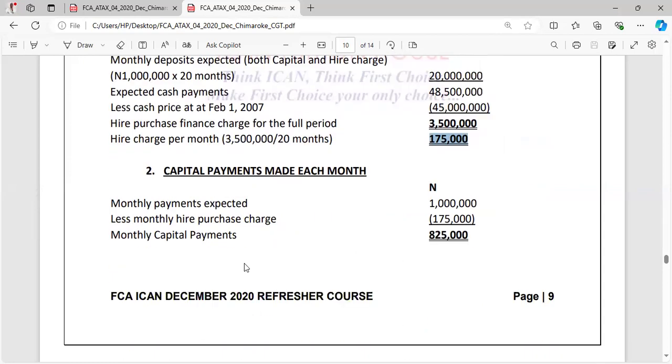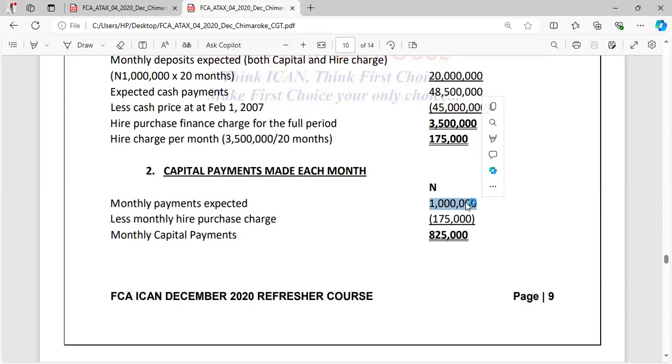Workings number two, we are calculating the capital payments made each month. Every month we are expected to pay 1 million naira. Now, for a particular month, you've paid the 1 million naira, right? This 1 million naira contains two elements.